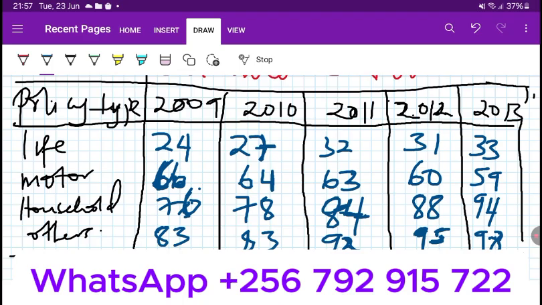Then let me give you another way. Of course, this is the right way as per the other question, because the other question was the number of insurance policies against years. But now I'm going to give you another scenario.